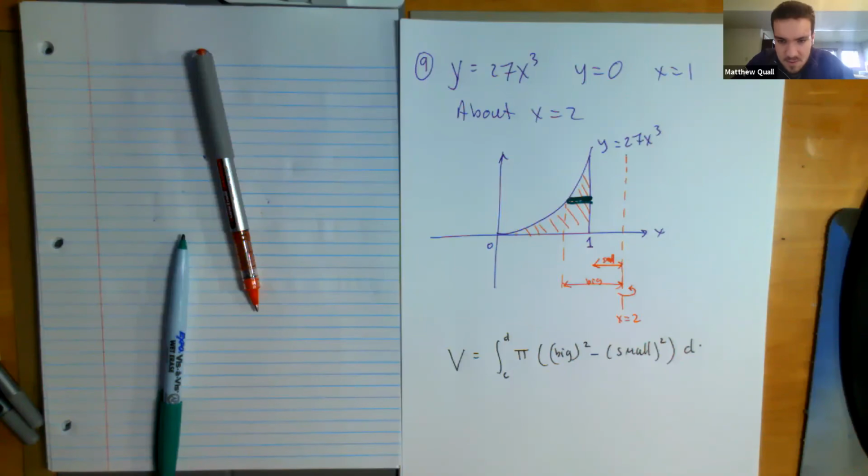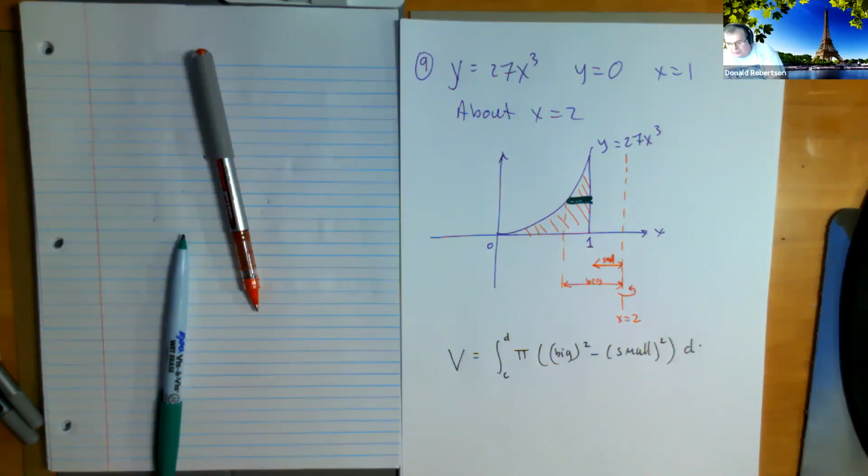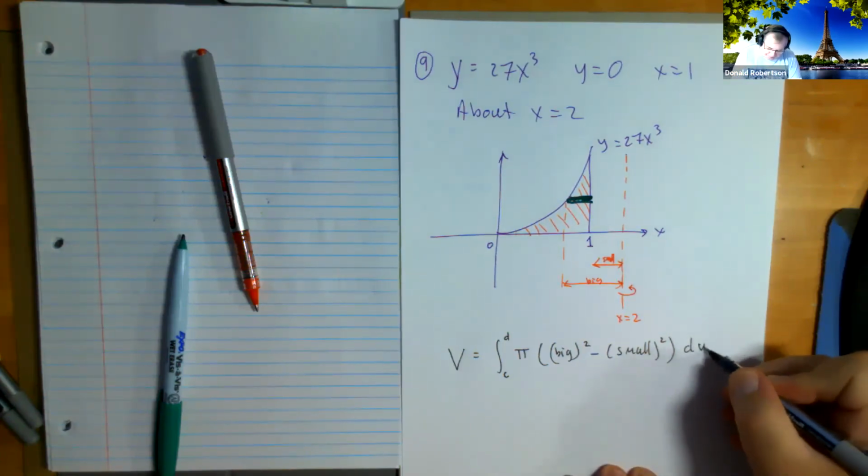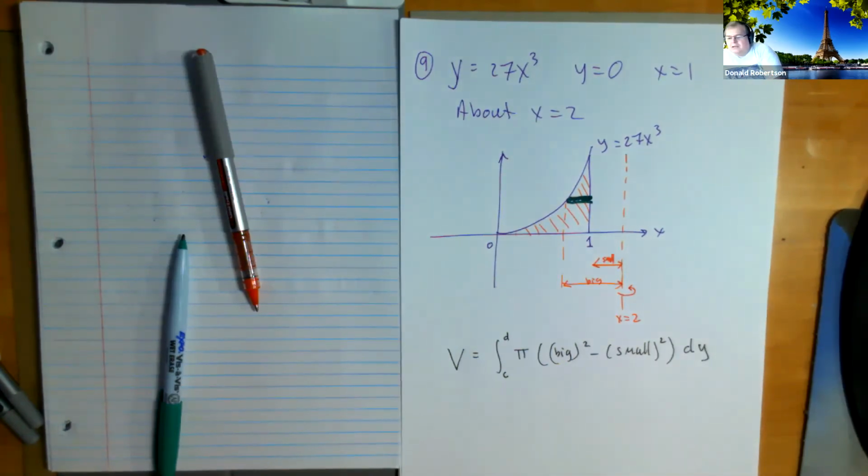See, you've got the shell method, you've got the disk method. Because those methods are totally opposites of each other, you're probably thinking the shell method right now. And if it was the shell method, that would be a dx, right? But in this case, it's a dy. How do I know?